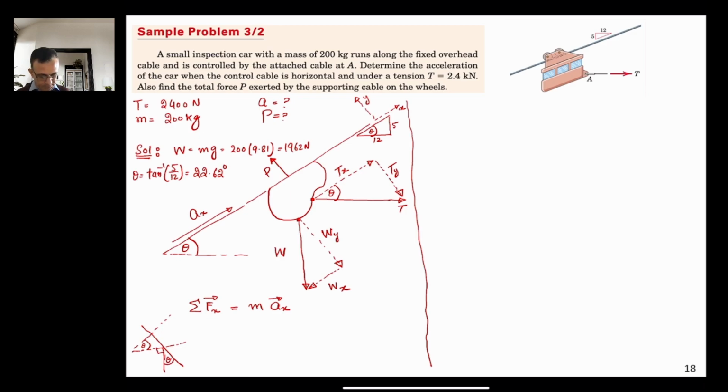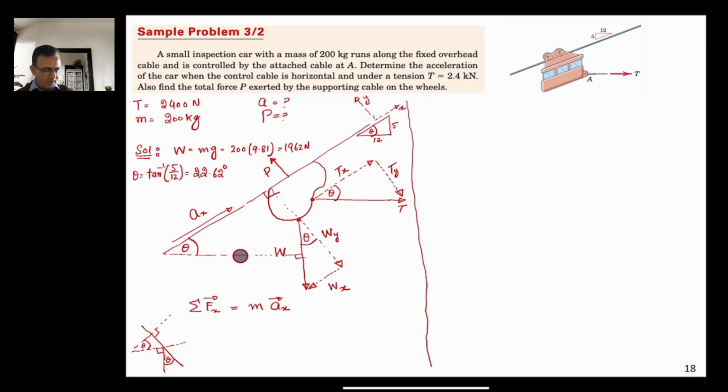As you can see from the W, this angle was theta, and this line is perpendicular to this line here, and similarly this is perpendicular to this line here. This means that this angle is automatically theta here.